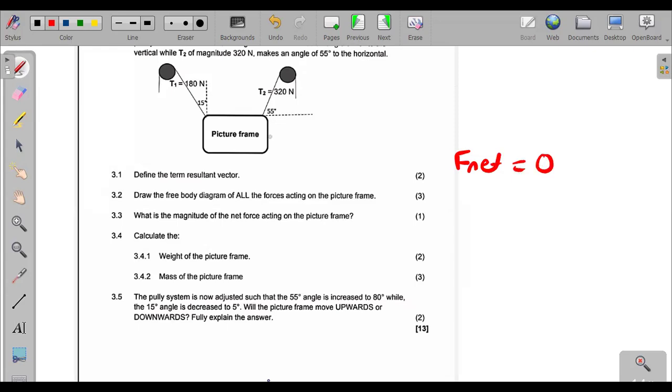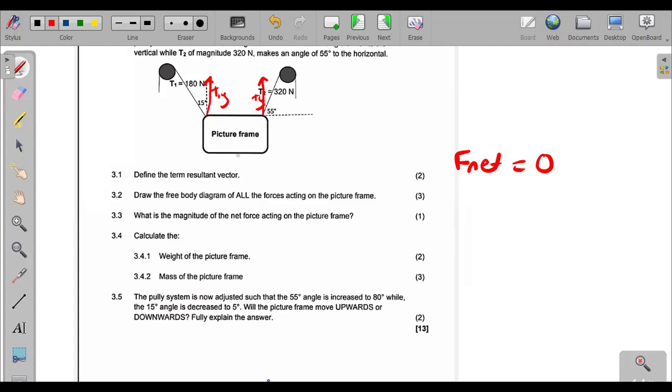So considering the vertical components of the tensions T1 and T2, this is T1y and this is T2y. The two of them are the forces acting upwards, and the gravitational force is the force acting downwards.